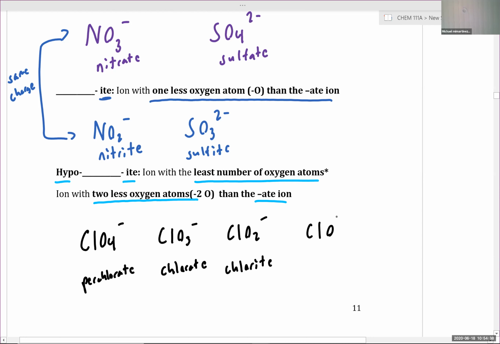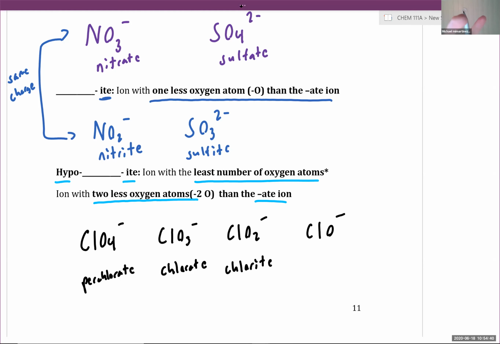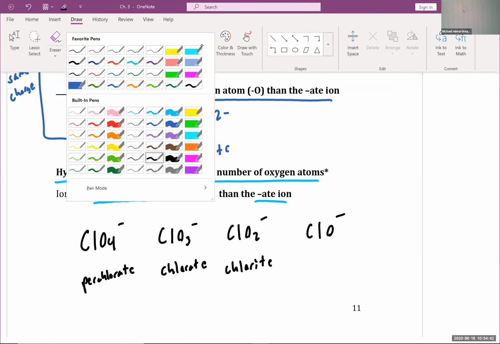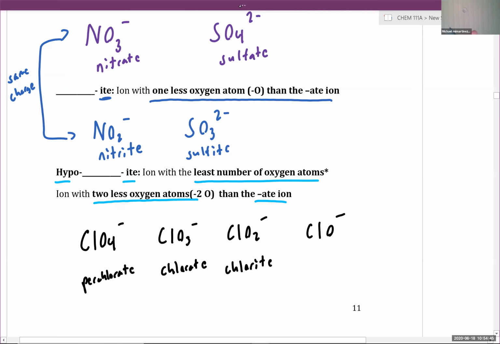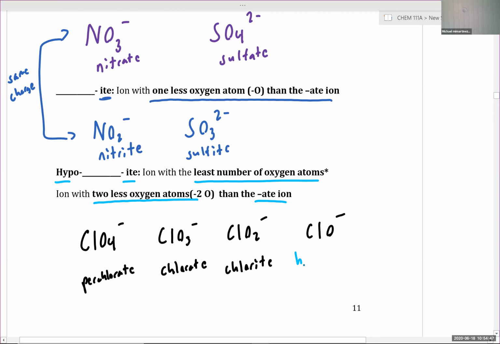And ClO minus is known as hypochlorite. So the hypo-ite pairing indicates the polyatomic ion with 2 less oxygen atoms than the "ate" ion. In fact, let me write it in the same color, just so that way it's easy to make that correlation.